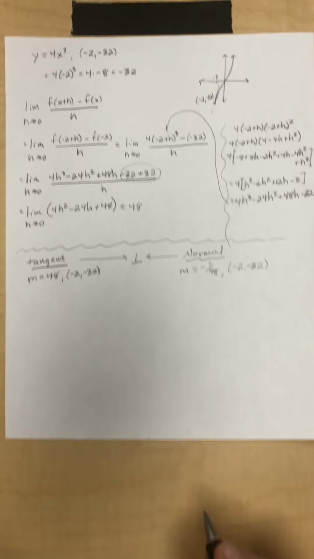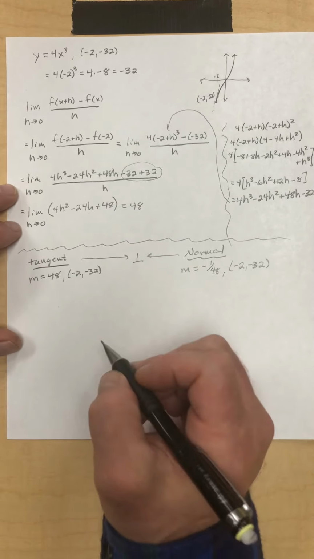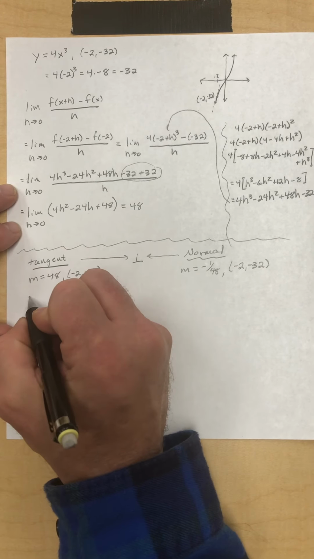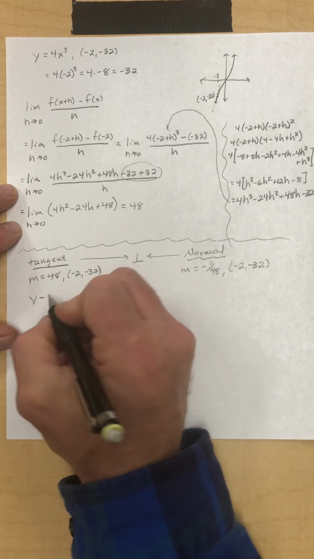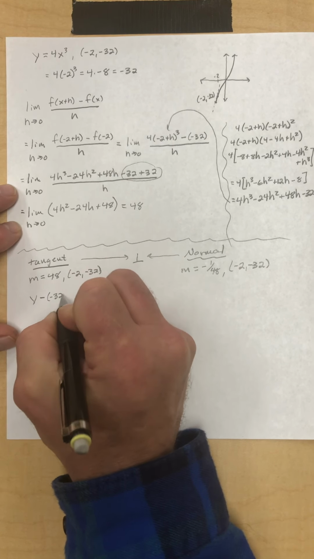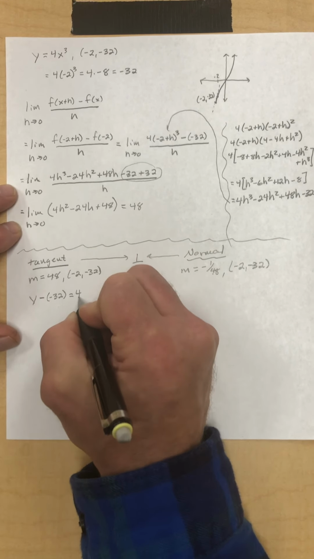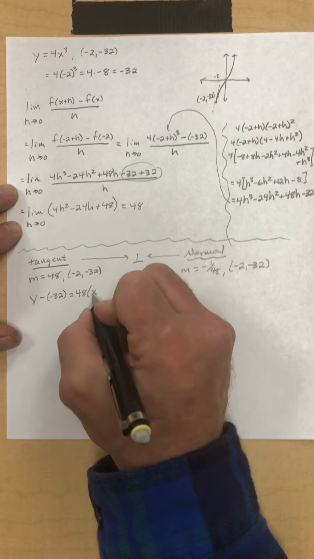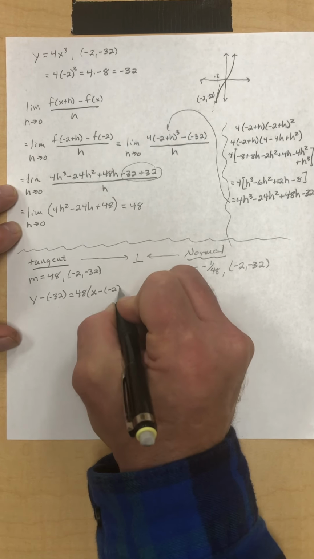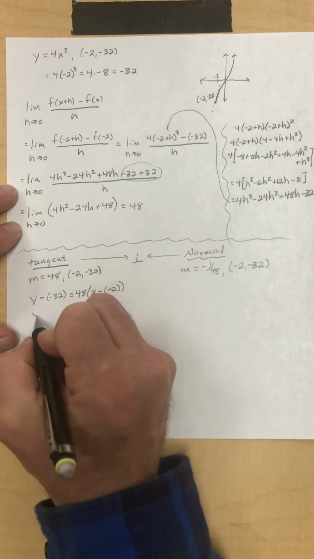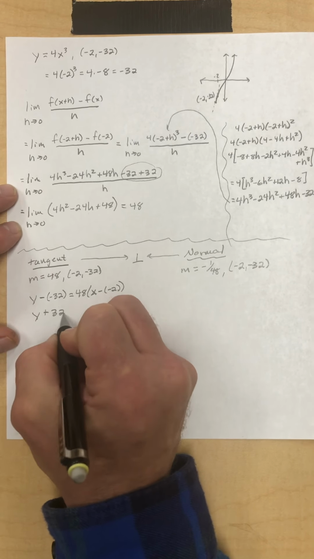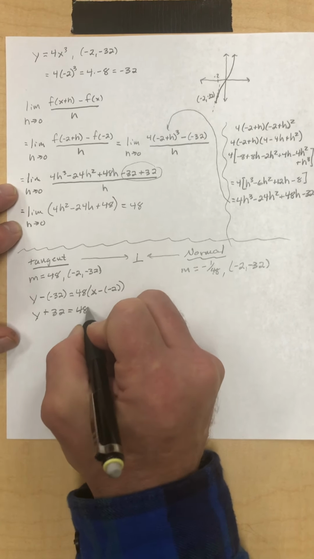So I have to write these two equations. Go back to your point slope form. And we go y minus -32 equals the slope 48 times x minus -2. So I get y plus 32 equals 48x.